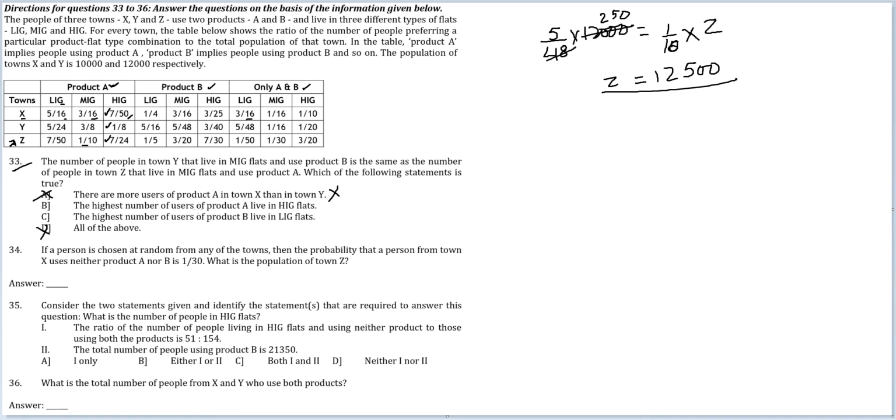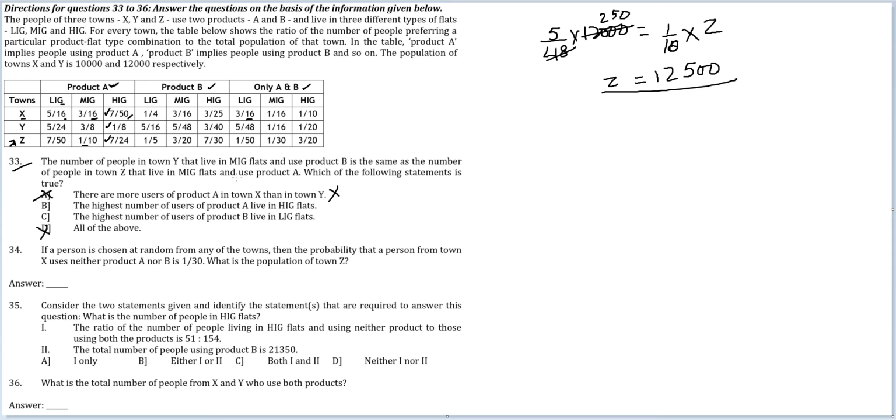I'm choosing not to do it. Let's see option C. What does it say? The highest number of users of product B live in LIG flats. Product B, LIG. I have to compare LIG numbers with MIG numbers and HIG numbers. So basically statements B and C require an equal amount of effort. You can check either, it doesn't make a difference.